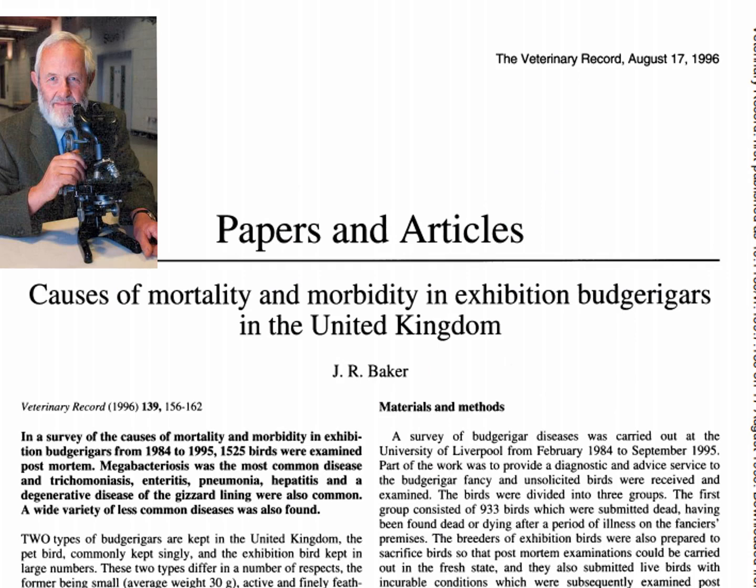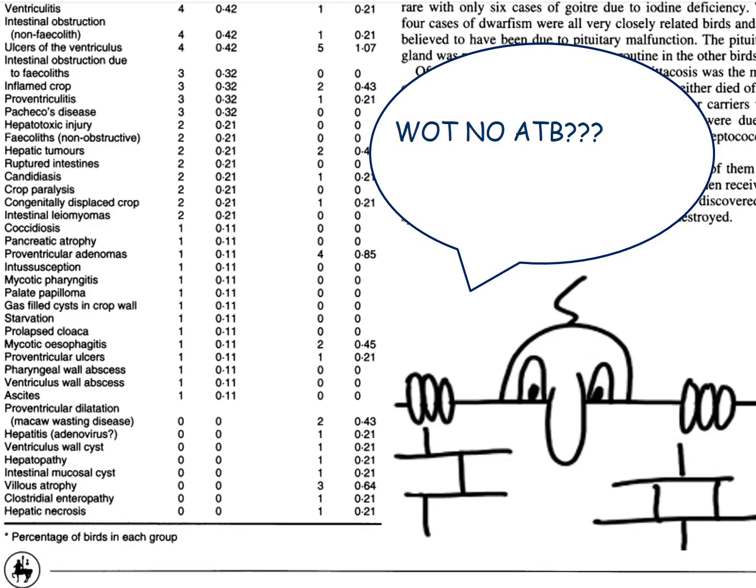And if we go back and start looking historically at, I guess, exhibition budgerigars, really looking and saying, okay, well, when did we find TB? The answer honestly is there isn't any. In 1996, there was no record of avian tuberculosis being a clinical entity in the budgies submitted for analysis.